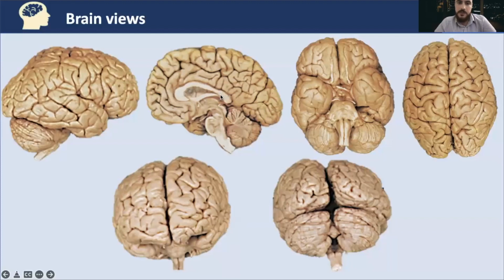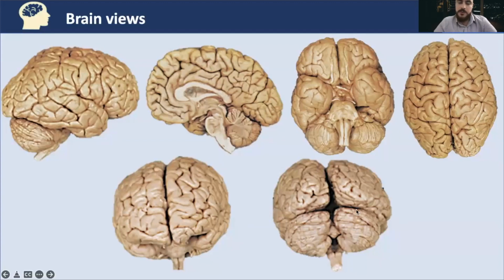On the medial view, I can see the corpus callosum. On the inferior view, I can see the olfactory sulcus or the olfactory tract. On the superior view, I can see the longitudinal fissure that separates the two hemispheres, the right and left hemispheres. Anteriorly, we can see the pons from the anterior brainstem, and posteriorly, we can see the cerebellum.